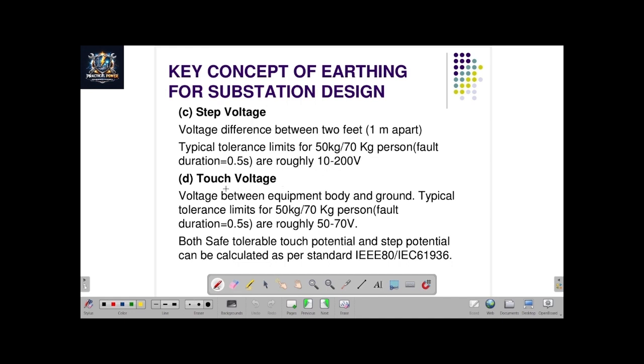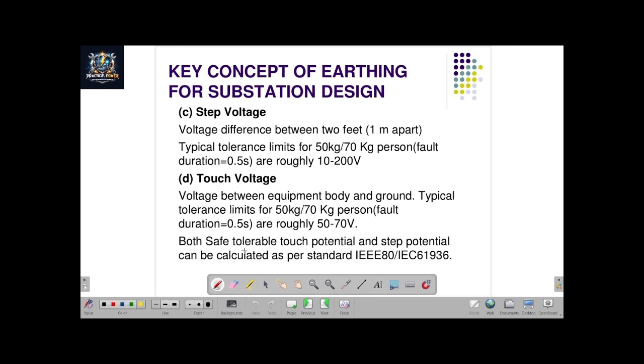Similarly, touch voltage, the voltage between the equipment body and the ground, has typical tolerance limits for a 50 to 70 kg person with fault duration 0.5 second of roughly 50 to 70 volt.